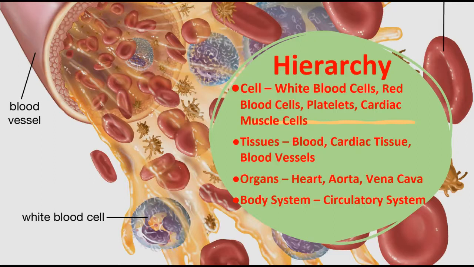Then these cells form together to form tissues, which would be in the form of blood, cardiac tissue, and blood vessels. The organs within the circulatory system are the heart, the aorta, and the vena cava. And then the entire body system itself is classified as the circulatory system.